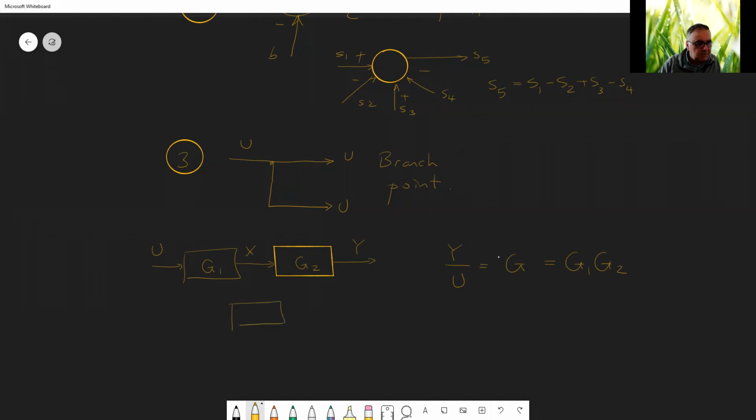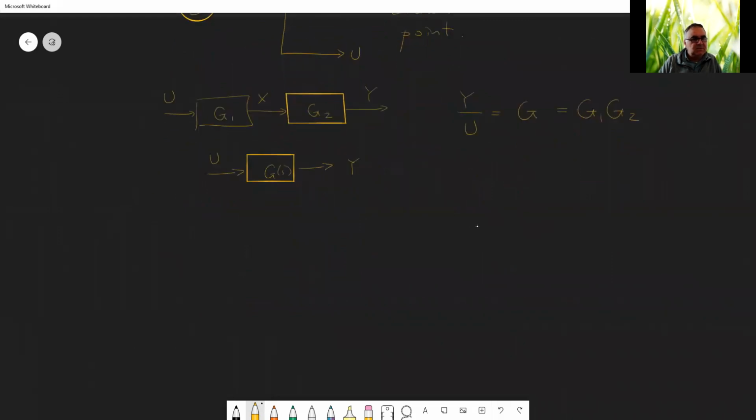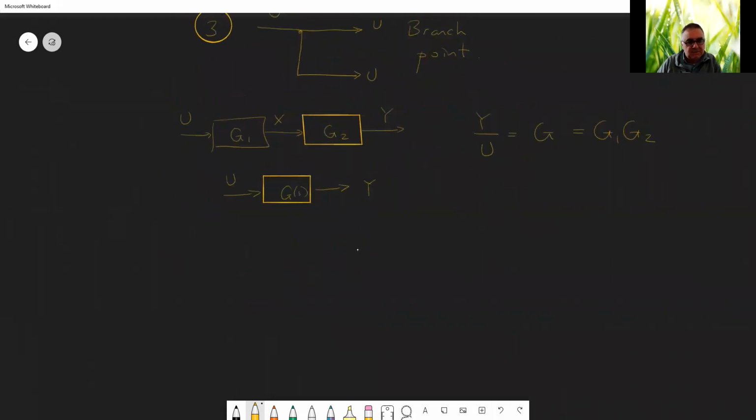So you can represent this as U, Y and G. Okay, so series transfer functions can be multiplied with each other.